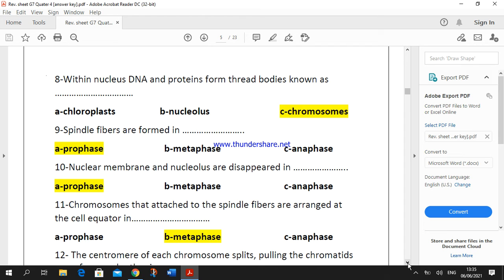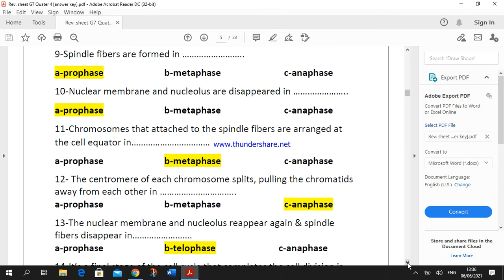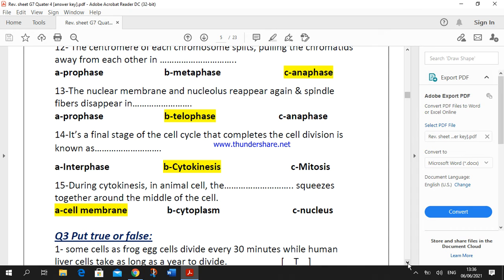Number 9, spindle fibers are formed in prophase. 10, the nuclear membrane and the nucleolus disappear in prophase, okay? 11, chromosomes that are attached to the spindle fibers are arranged at the cell equator in metaphase. Number 12, the centromere of each chromosome splits, pulling the chromatids away from each other in anaphase. 13, the nuclear membrane and the nucleolus reappear again, and the spindle fibers disappear in telophase.